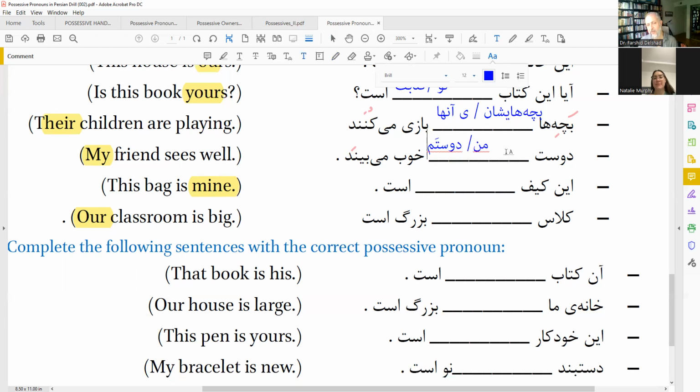Next, we had it up there, that is bag. This bag is mine. این کیف من است. Or این کیفم است.